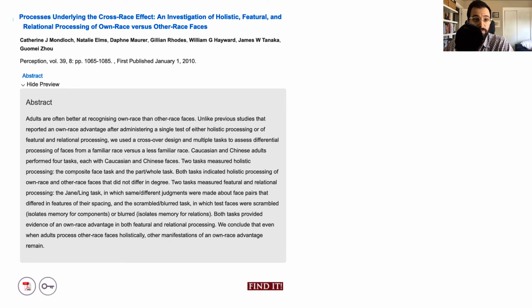Either way, you might have found this paper that compares Caucasian and Chinese samples, looking at Caucasian and Chinese faces. And this will go really nicely toward helping us make our point that there is lots of good other race effect research with more than just Caucasian and African American comparisons, especially in the last 10 years or so.